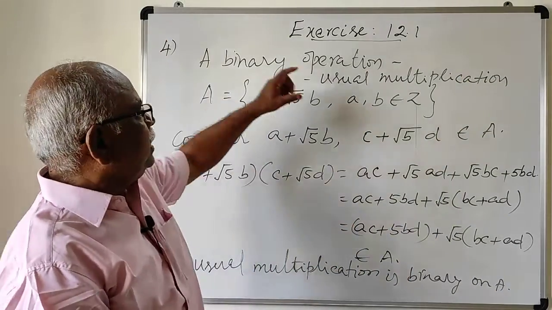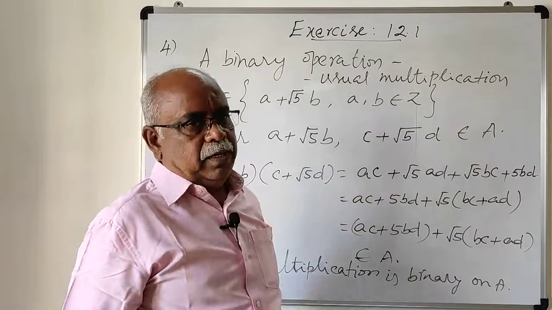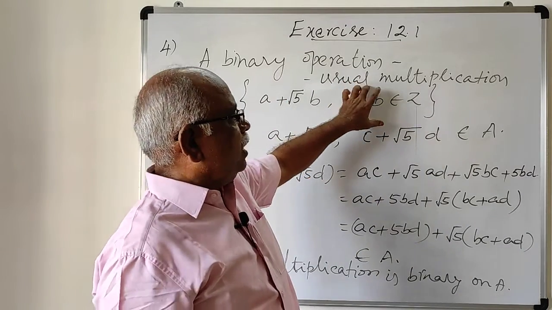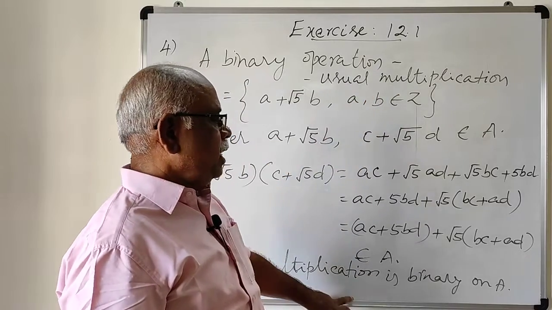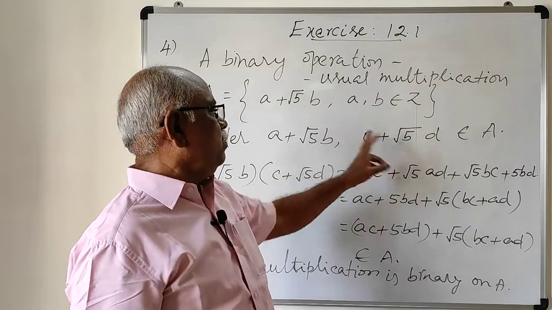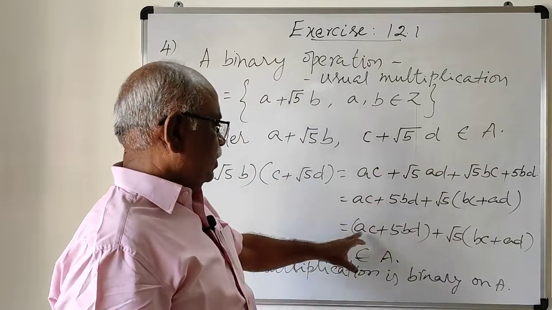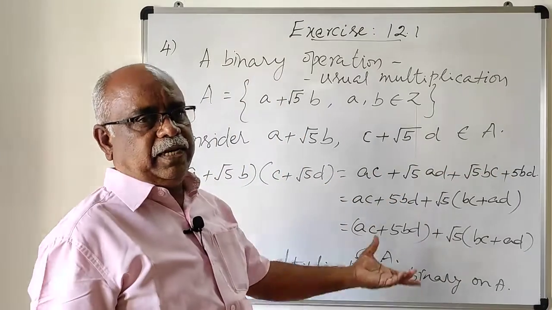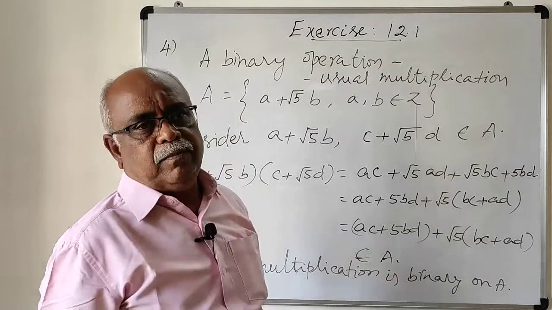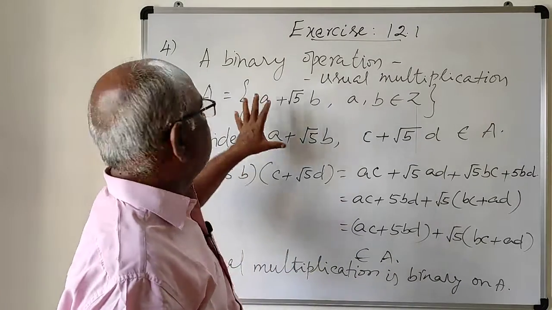Specifically, they have given usual multiplication, and we have to prove that it is binary on A. If you consider any two elements of the set A, the product is again an element of the set A, then we say that the set is closed under usual multiplication. That is problem 4.